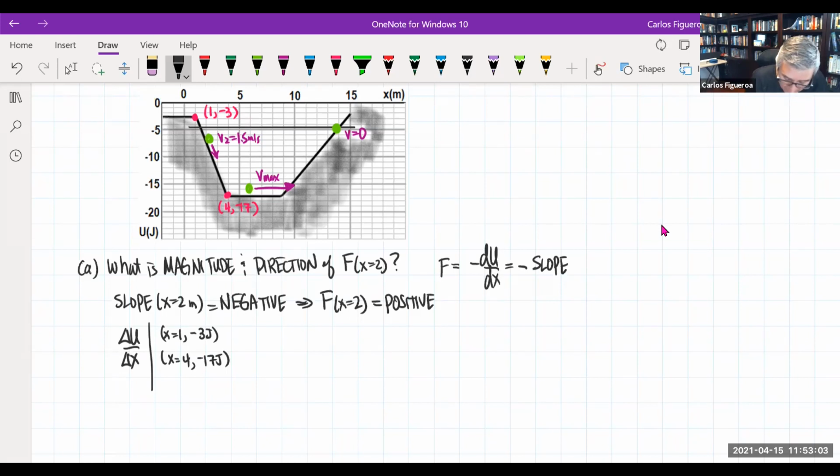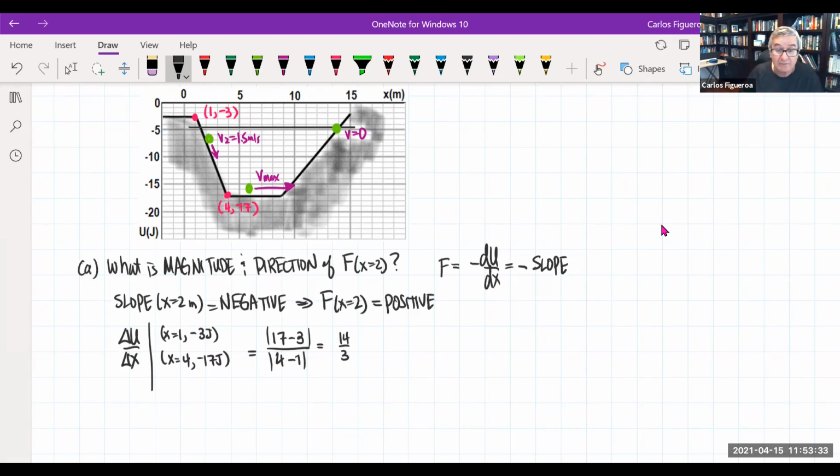So what's my slope here? I can calculate the magnitude of the slope. That's all I care about. We already know that the slope is negative. So I'm going to get 17 minus 3 divided by 4 minus 1, and so that's going to be 14 divided by 3.